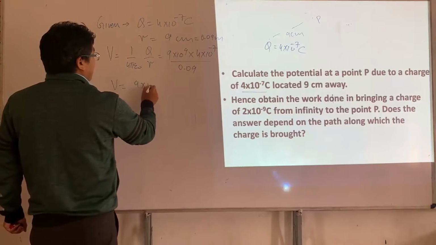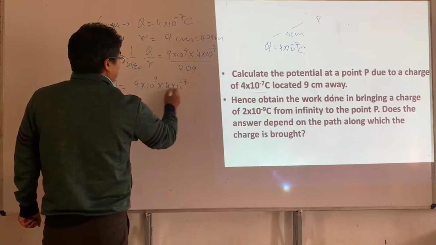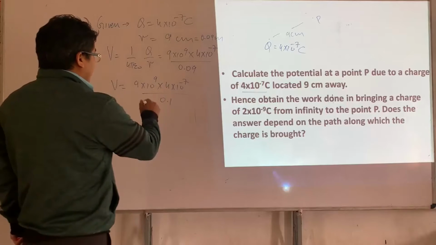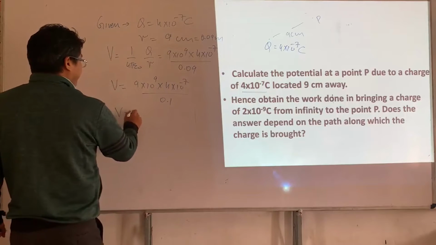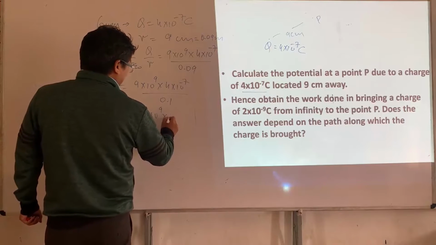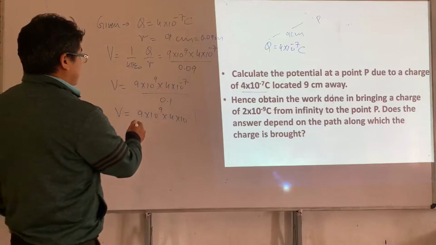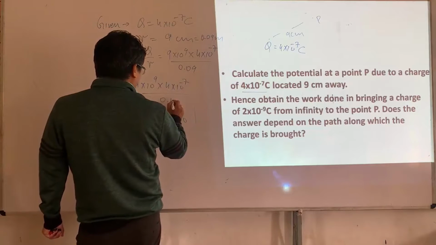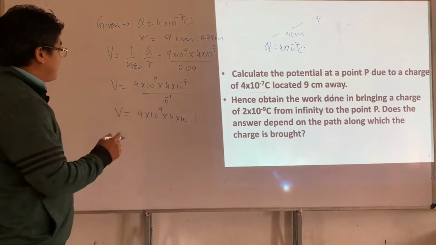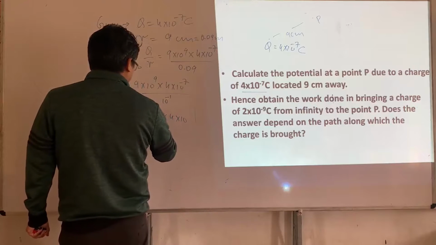So 9 into 10 to the power 9, 4 into 10 to the power minus 7, and 0.1 is equivalent to 10 to the power minus 1, so minus 1 goes up. So this is going to be 10 to the power 10.